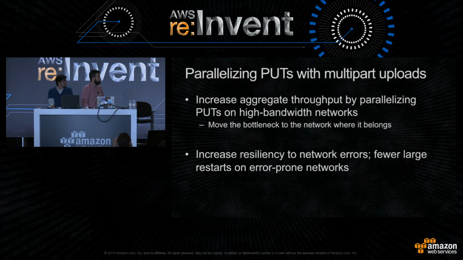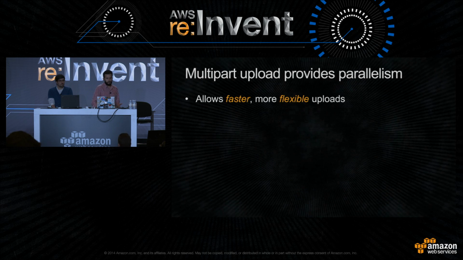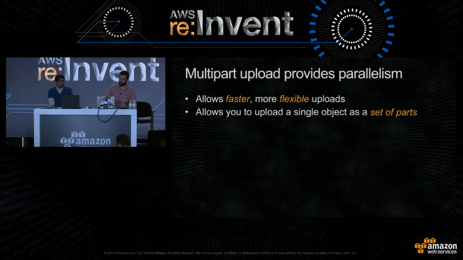And also, when you use multi-part uploads, let's say that you're uploading a 1 gig file to AWS. If you're doing it the standard way, and in the middle of the transaction the upload fails, you have to start from scratch again. So you lost all of the bytes that you already uploaded. Using multi-part uploads, you can benefit from faster and more flexible uploads.